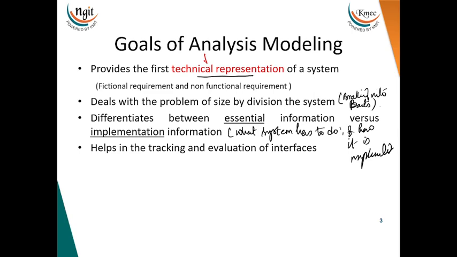It helps keep track of how the project evolves and how it is going to interface with the others. So the basic part of the analysis model is that it first gives a technical representation. It divides functional and non-functional requirements, deals with problem size by breaking it into parts, and differentiates between what the system has to do and how it is implemented.